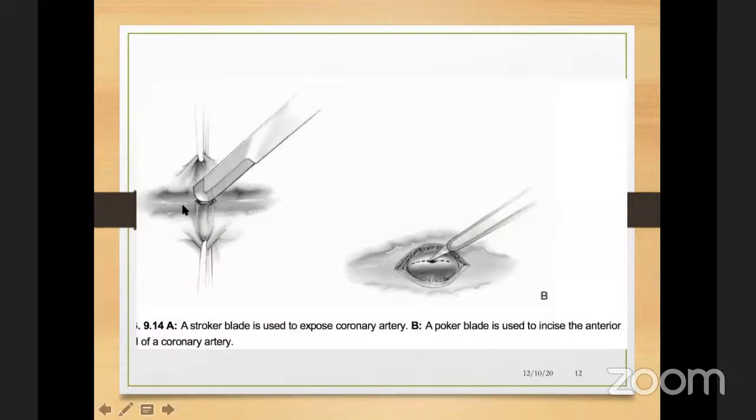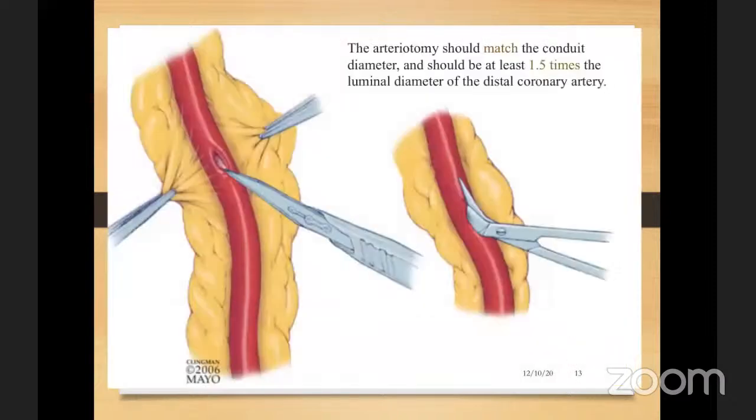Here, as shown in the pictures, a stabilizer is used to expose the coronary artery, and then a blade is used to incise the anterior wall of the coronary artery. Then the incision is extended by scissors proximally and distally to match the conduit diameter, and it should be at least 1.5 times the luminal diameter of the distal coronary artery.